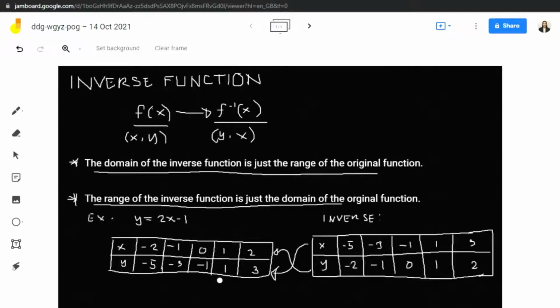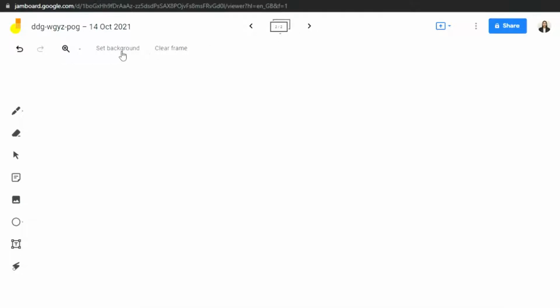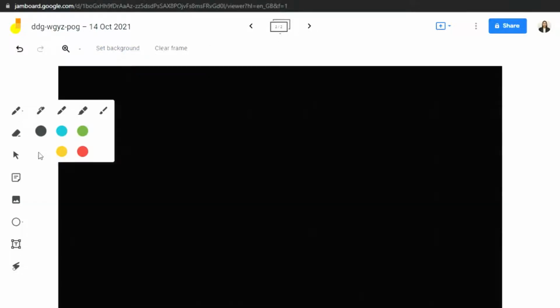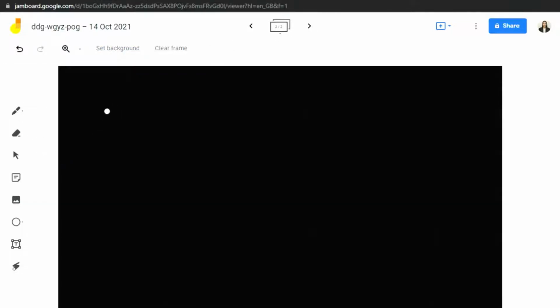But take note, not all functions have an inverse. The same with relations, not all relations are functions. A function can only have an inverse if it is a one-to-one function.